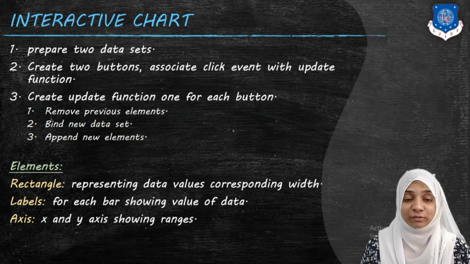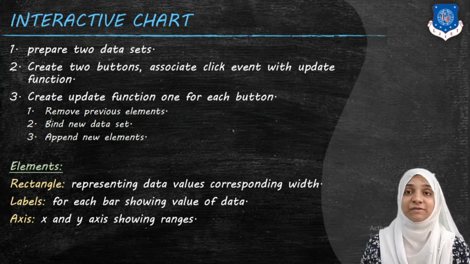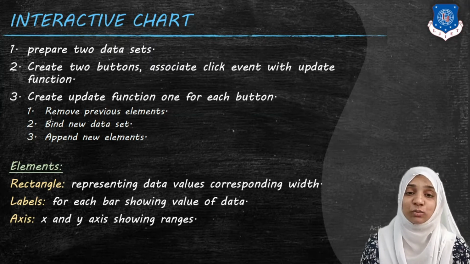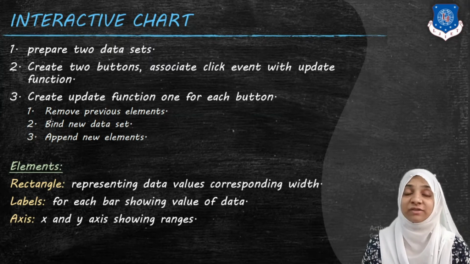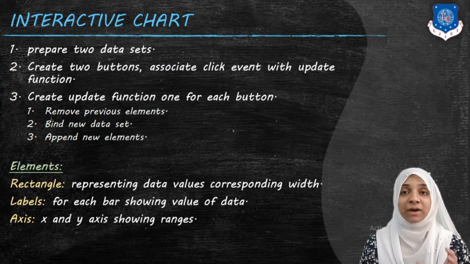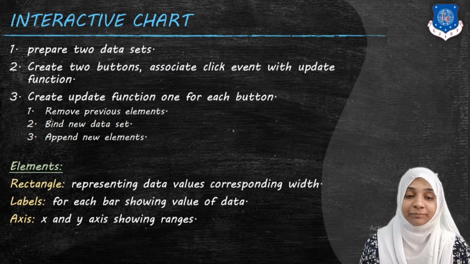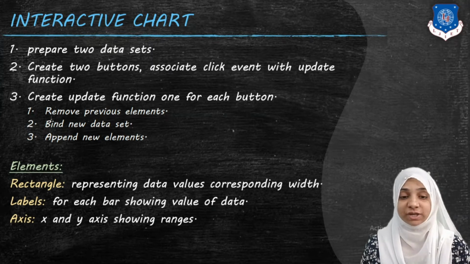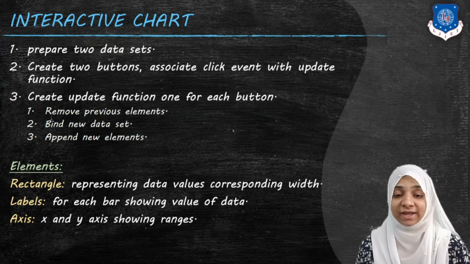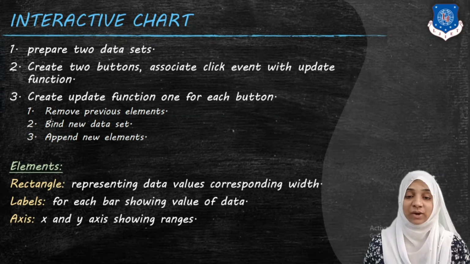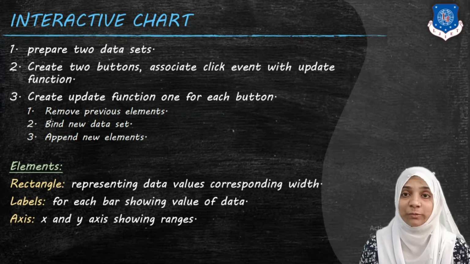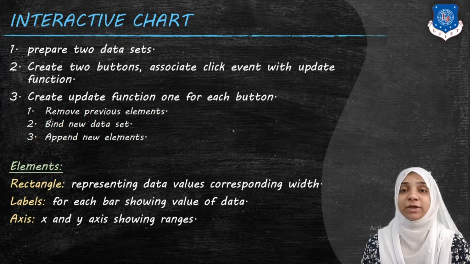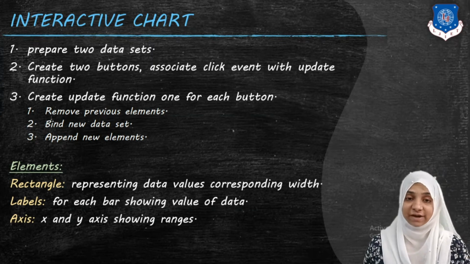Second, we would also like to have some labels, for example, what value each bar is representing and what data set value the bar width is indicating. And the third element is optional, where we can show the x axis and y axis, which might show the range over which we are rendering the complete graph.